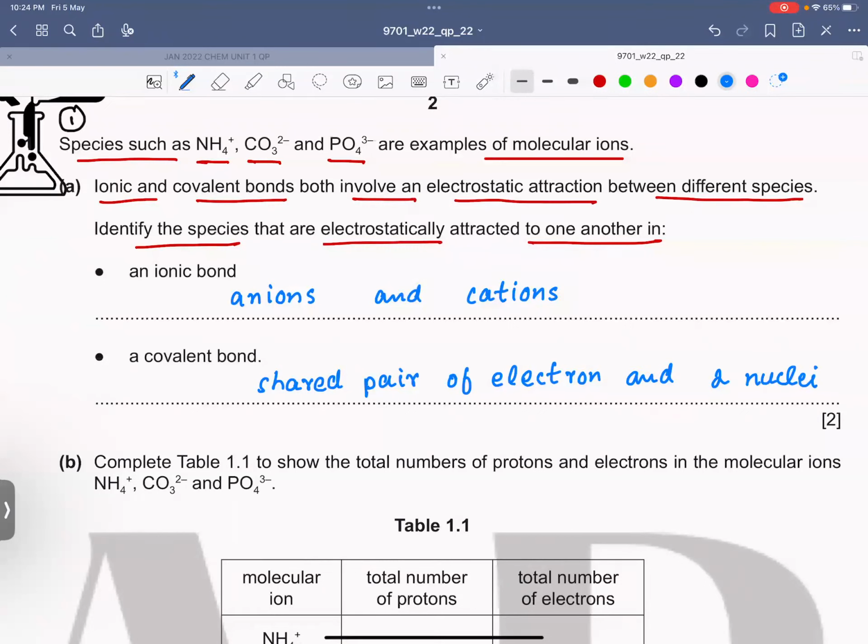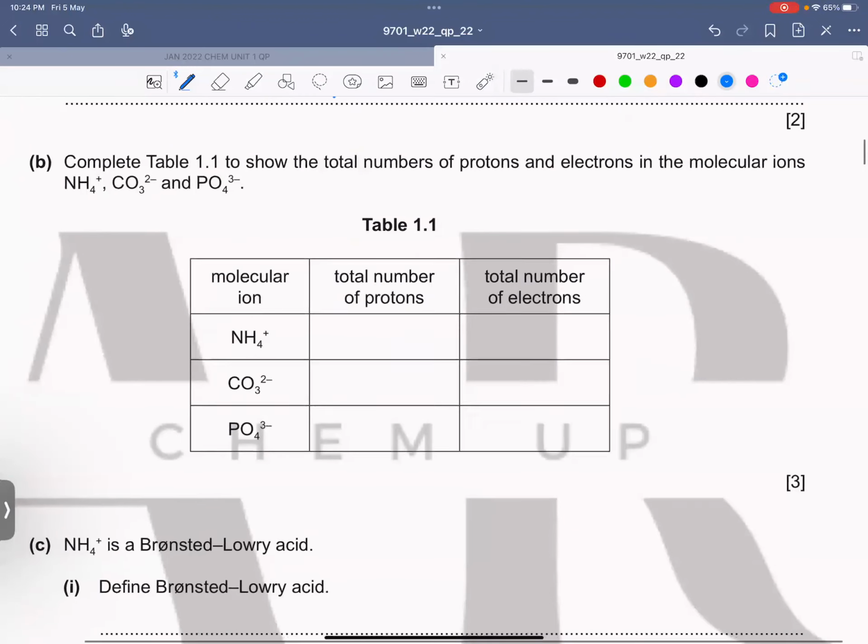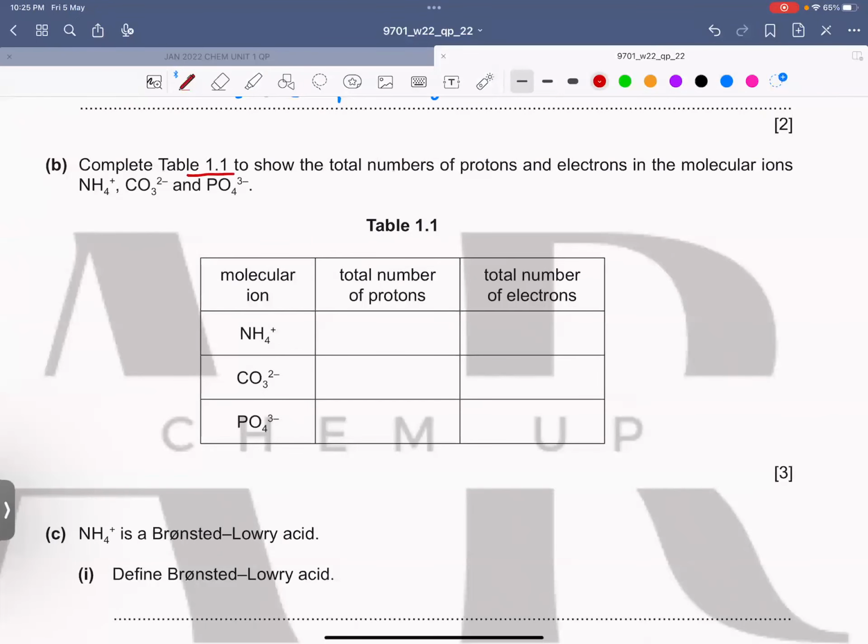Okay. Now, let's move to the next part. Complete table 1.1 to show the total number of protons and electrons in the molecular ions ammonium, carbonate, and phosphate.